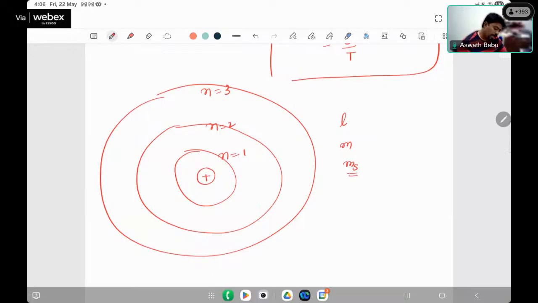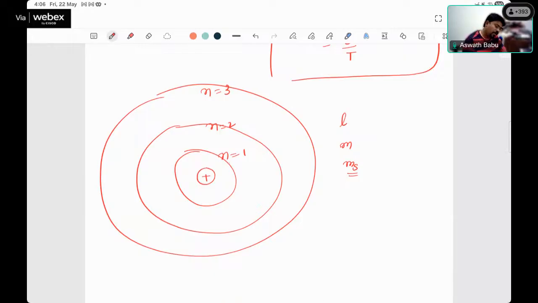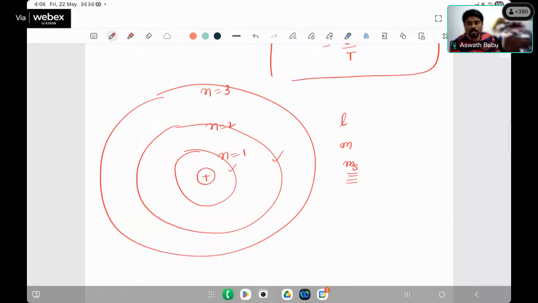So likewise, for every electron, where it is located in which orbit, with what angular momentum it is rotating, whether it is doing a spin rotation on its own axis or not, that is represented by some numbers. These are called quantum numbers n, l, m. Okay, fine.